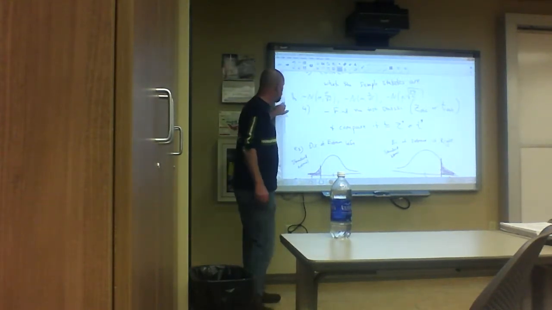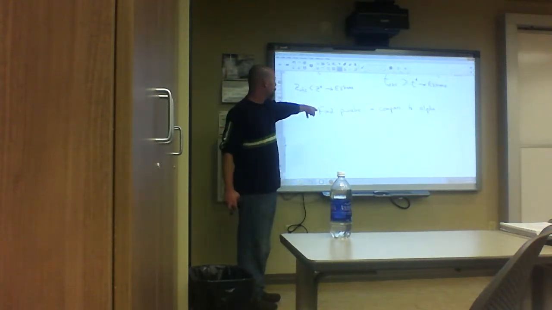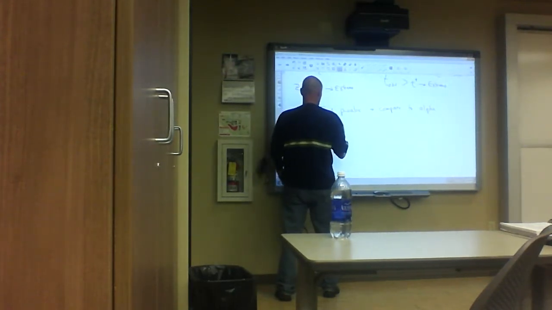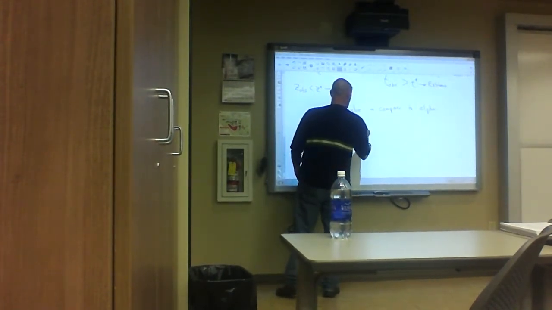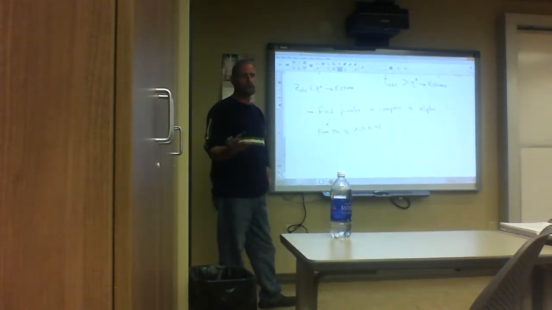So, this is the deal. Now, we're always going to use the p-value compared to alpha. We've always found the p-value assuming that the null hypothesis is a distribution that's true.